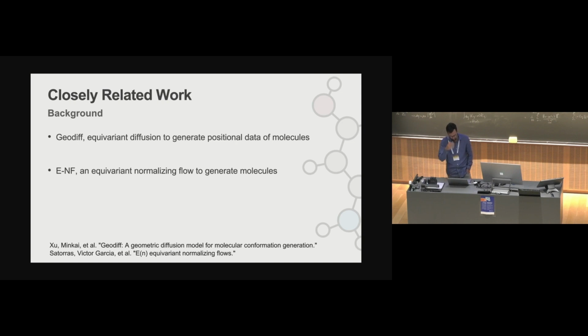This is a paper we did with the same authors as this diffusion model. So basically it follows the same principles, but the diffusion models seem to give better performance than normalizing flows. Even if now there are some papers that are still improving normalizing flows, so let's see in the future what ends up working better. But right now, the state of the art seems to be in diffusion models.